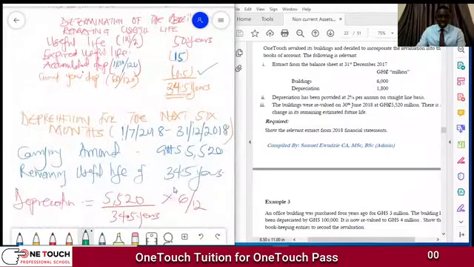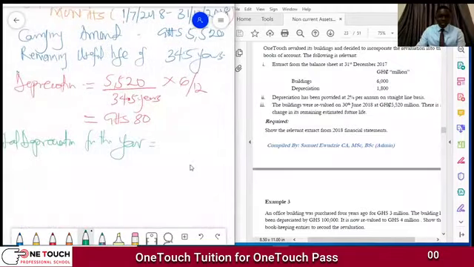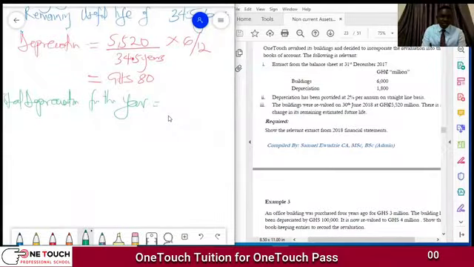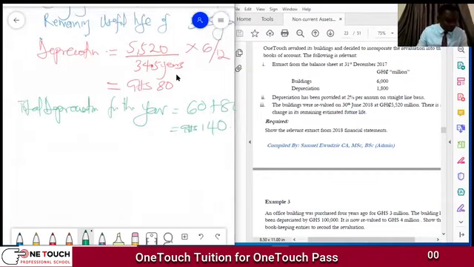So it is 60 plus 80, and that gives us what? 140. Okay, 140. That's the total depreciation for the year.